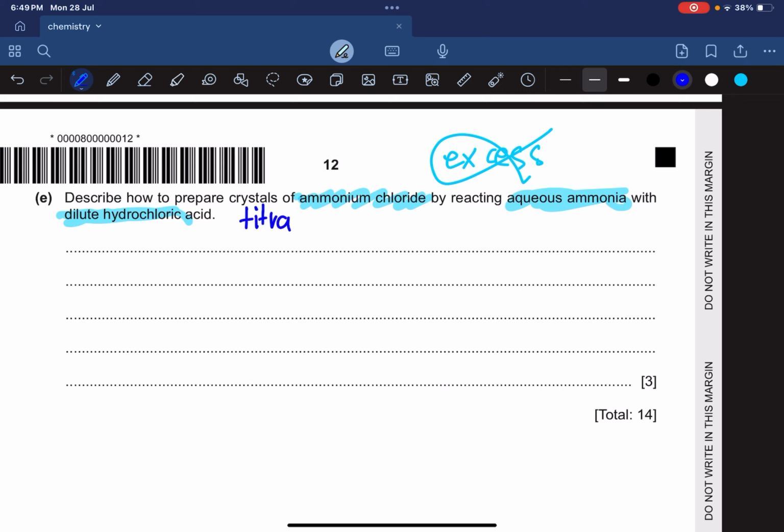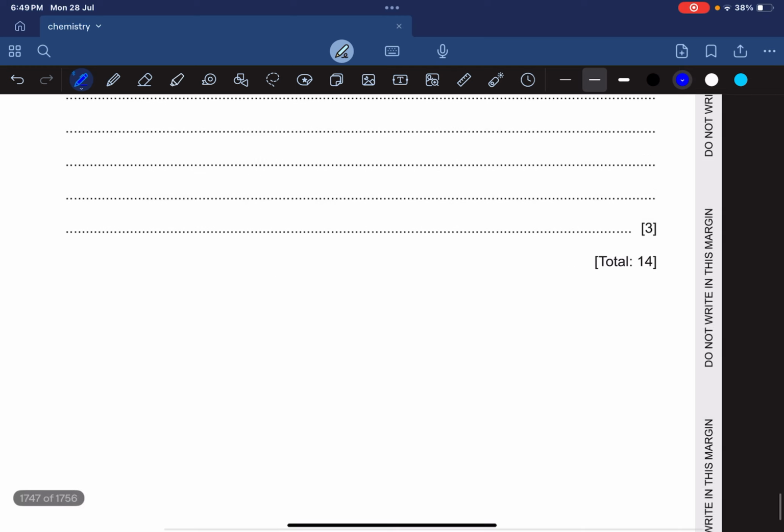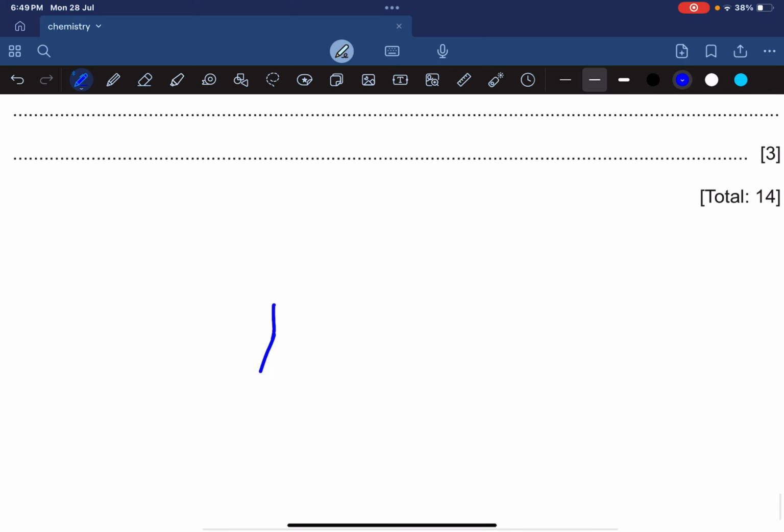So you just have to write the steps of titration: you take something in a conical flask, you take the other thing in a burette. You have this conical flask for titration, then you have this burette.